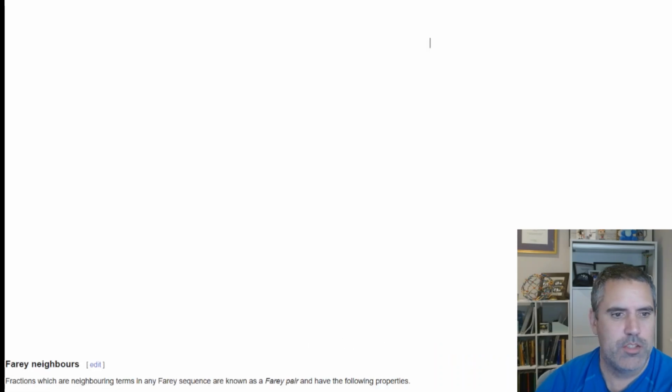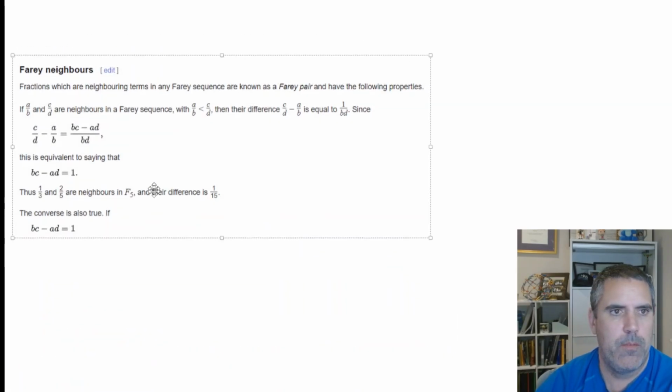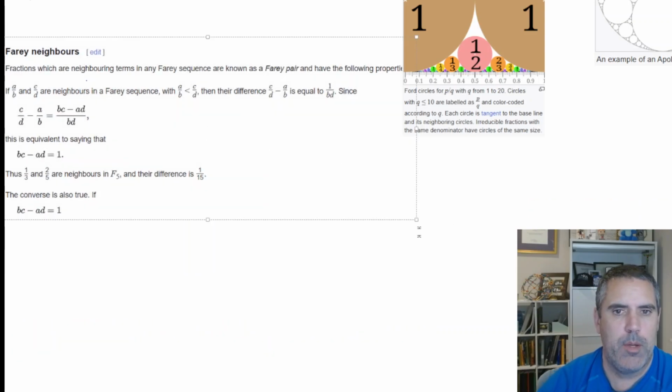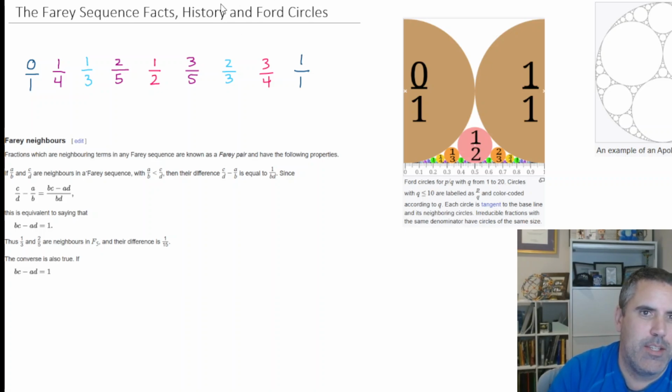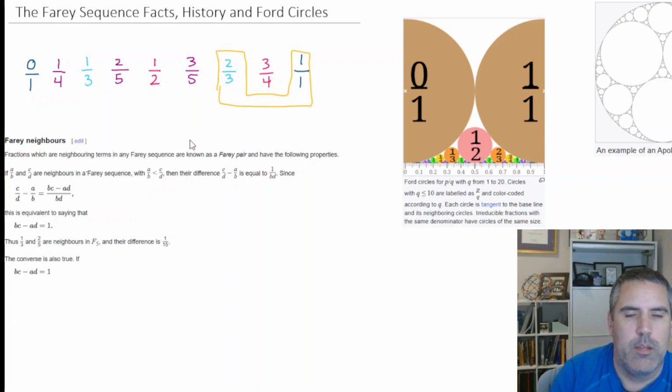So I looked up vulgar fractions. I have a few little things to say and show you, just to wrap up. So if they are indeed neighbors, they define neighbors in a curious way here. Neighbors are such that when you subtract them, you get 1 over the product of the denominators. So we would say these two are neighbors in that sense, and we use them to put together the 3/4.